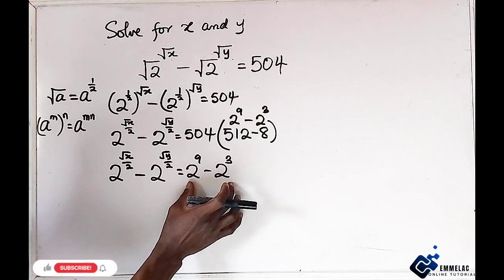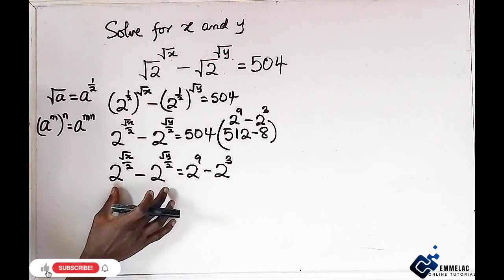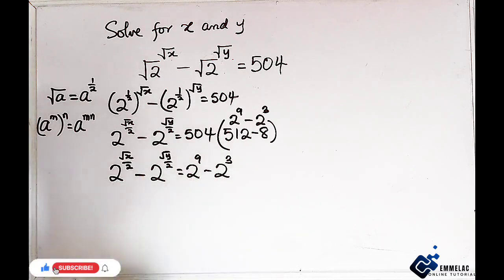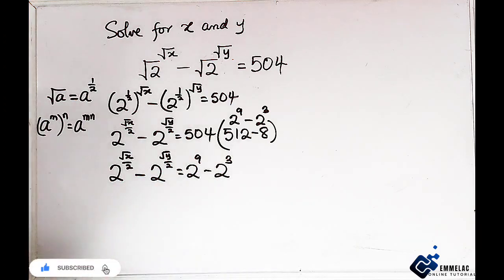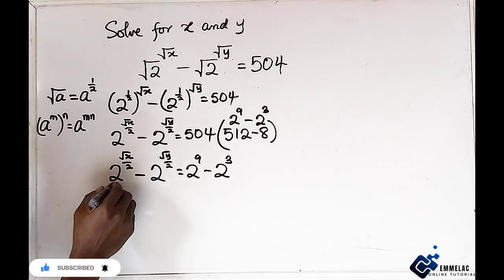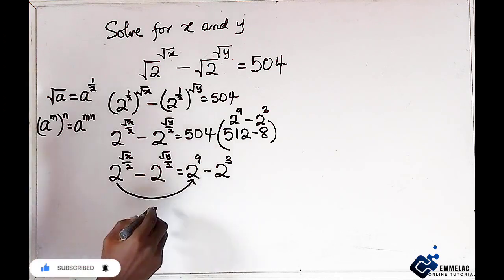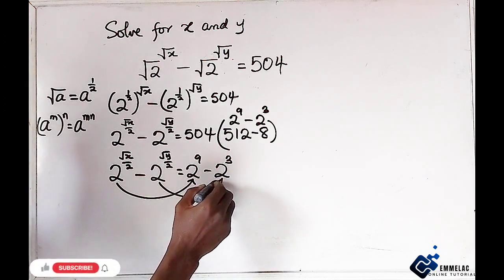Now it implies that the left hand side is equal to the right hand side. To that end, we can equate each of them, which means this can be equated to this, and this can also be equated to this.